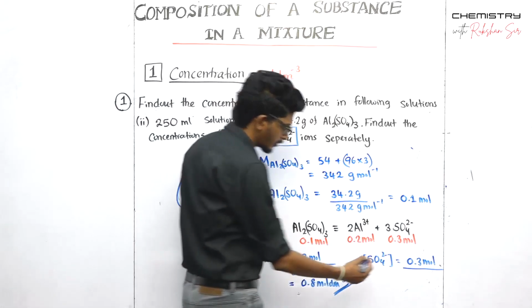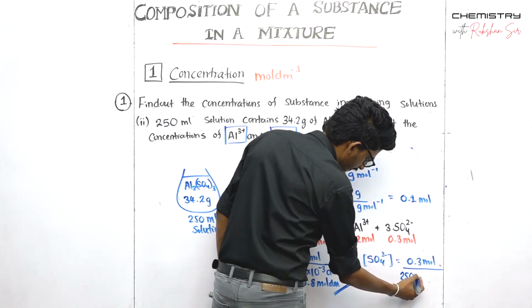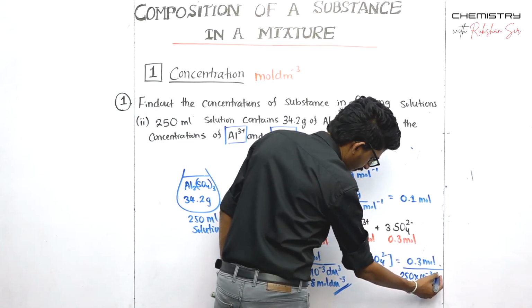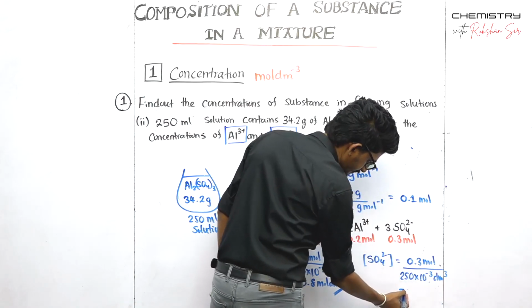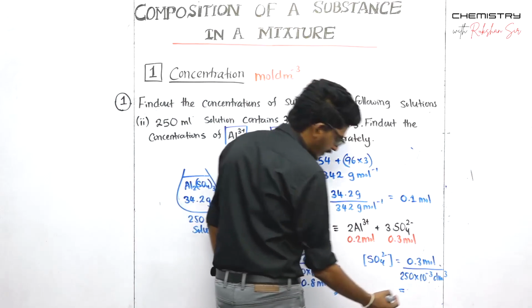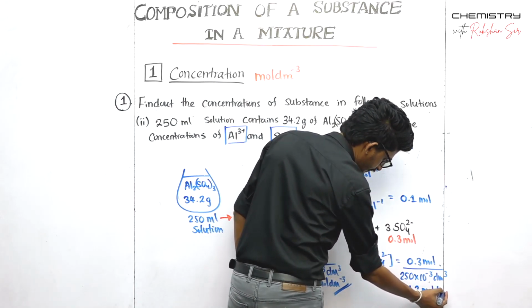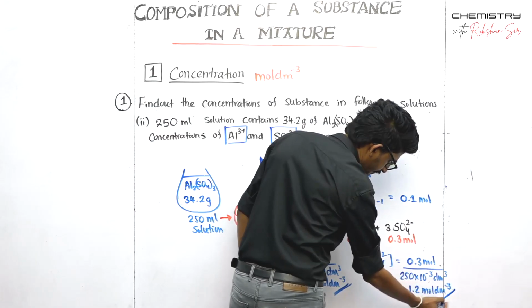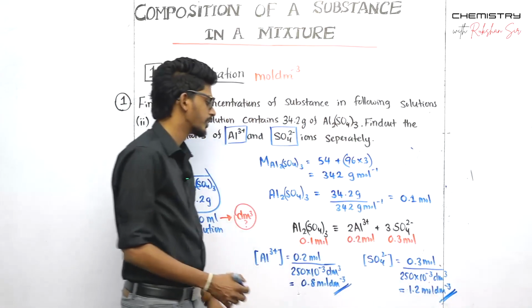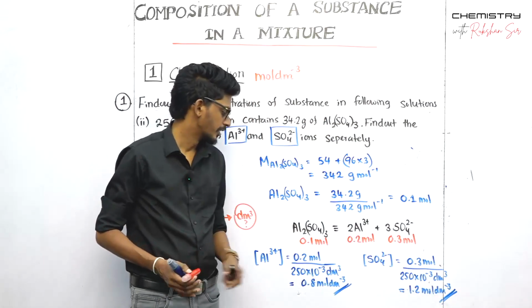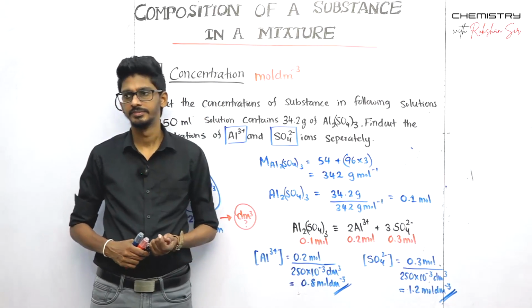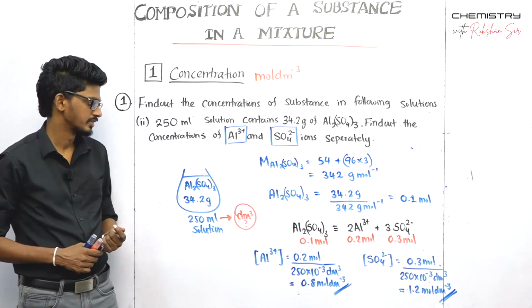So 250 into 10 to the power minus 3 dm^3. That will give you the number as 1.2 mol dm^-3. So those are the two concentrations of the two respective ions of aluminum sulfate. Now just do the calculation.